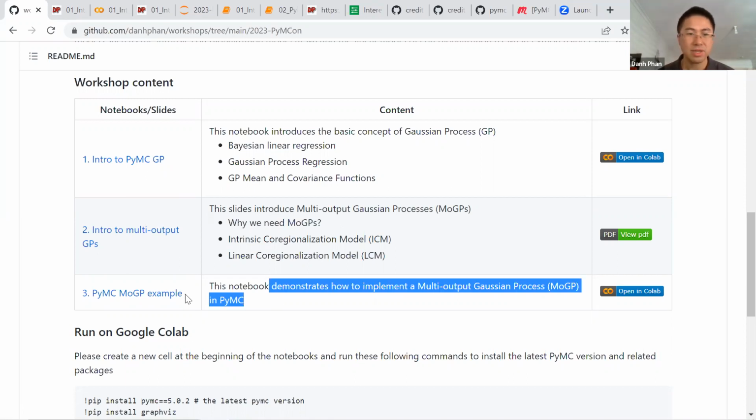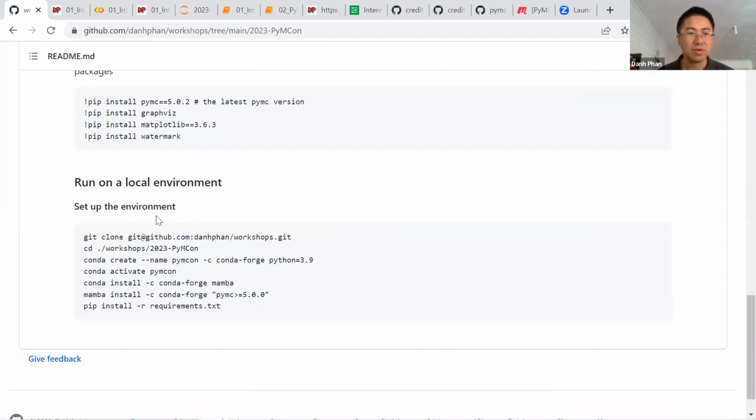So if you run the third notebook, I would recommend you run it in a local environment using some guidelines here. And maybe at the end, I can show you some tricks to make that process faster.